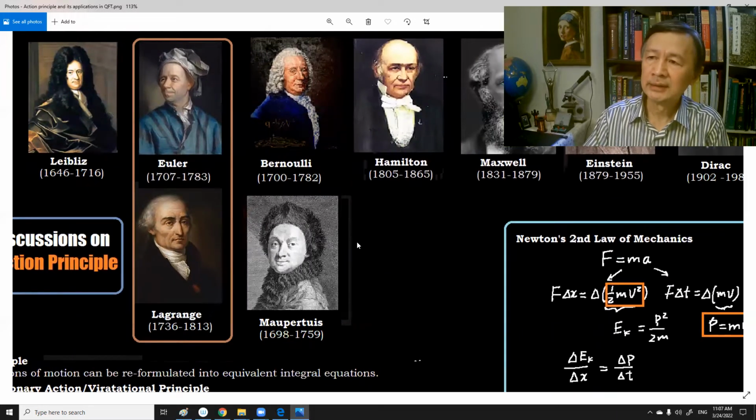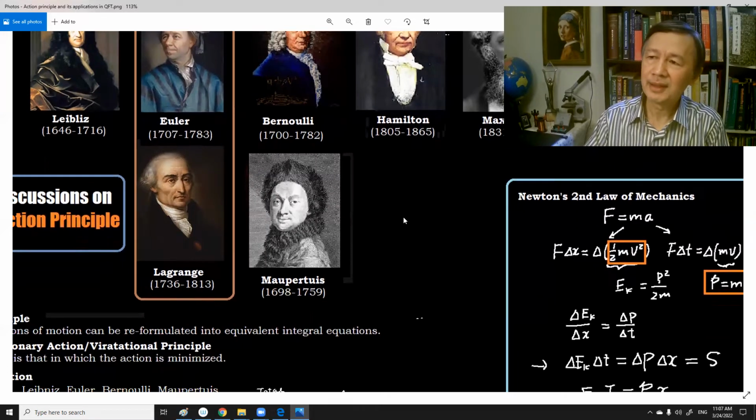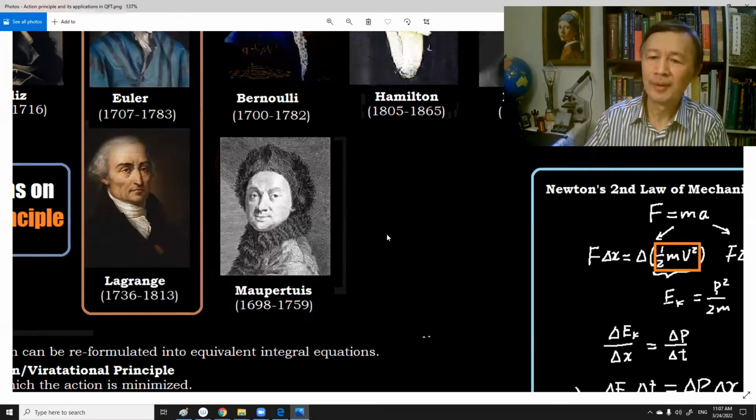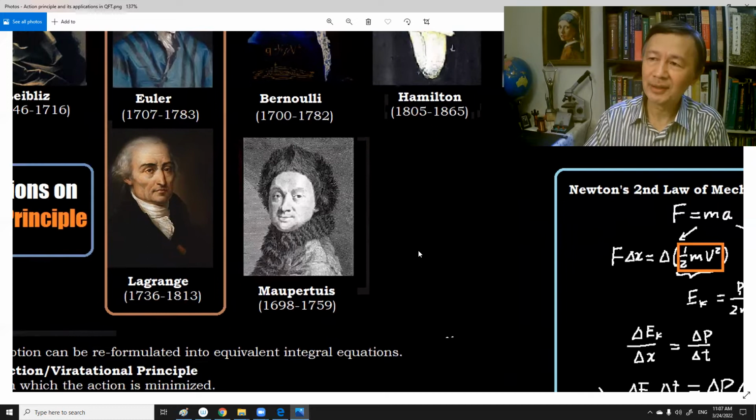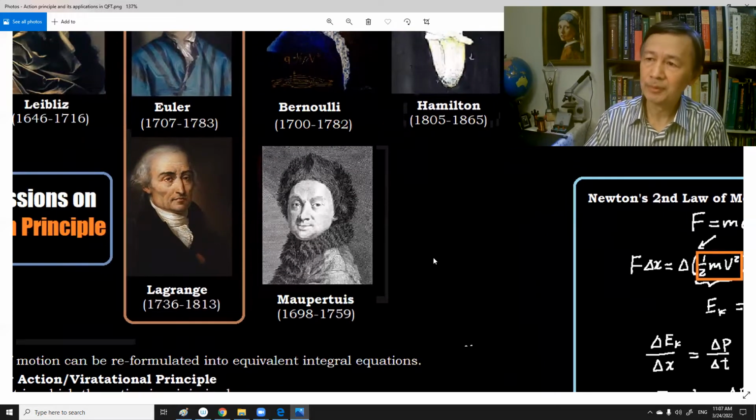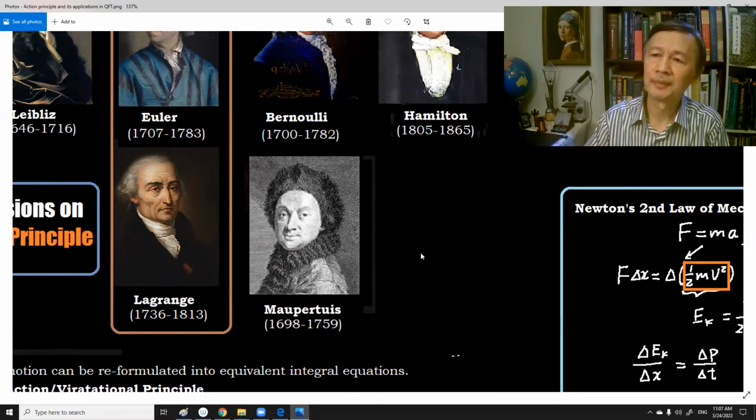And these two are Bernoulli and Hamilton, perhaps familiar to many students in physics. But this guy is called Maupertuis, a little bit obscure. But based on my study, this guy is also responsible for the creation of the idea of action.